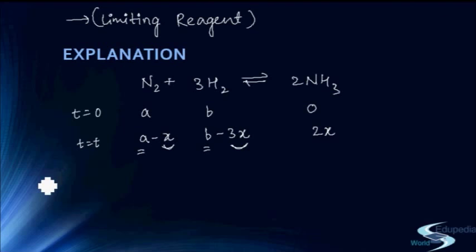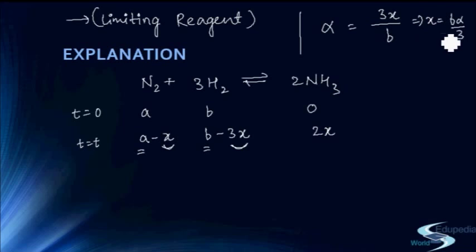You can define another alpha with respect to nitrogen, but then do not call it the degree of dissociation of the whole reaction. So if I am defining alpha with respect to hydrogen, then my alpha is moles of hydrogen consumed, which is 3x, divided by initial moles taken, which is B. So if this is alpha, then my x is simply equal to B alpha by 3.